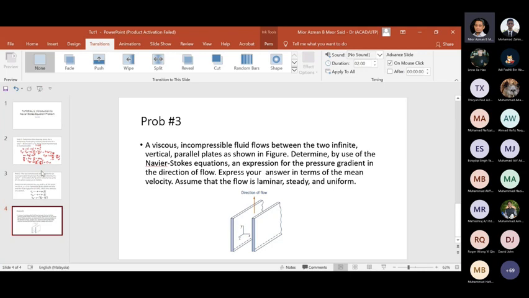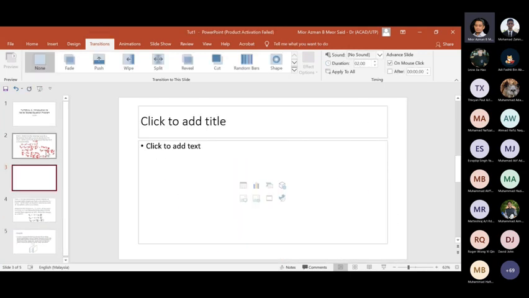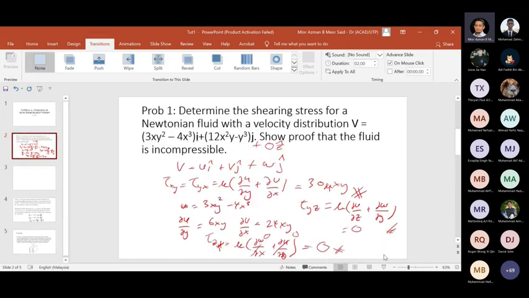All right, so now we move on to solving the next question, which is to show proof that the fluid is incompressible. So to remember, we'll get back to our slide from the previous week.